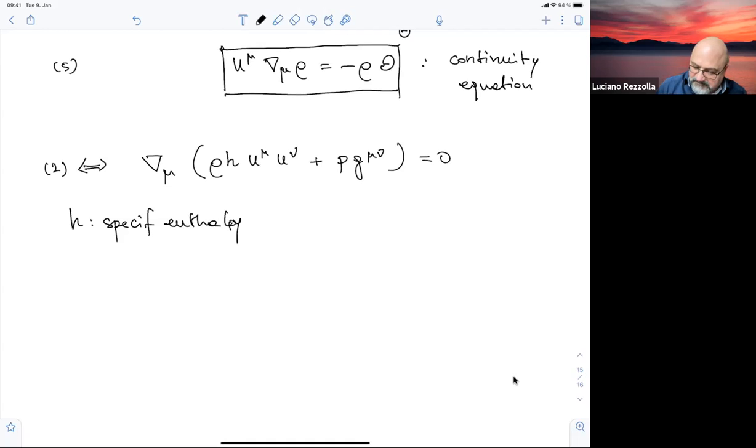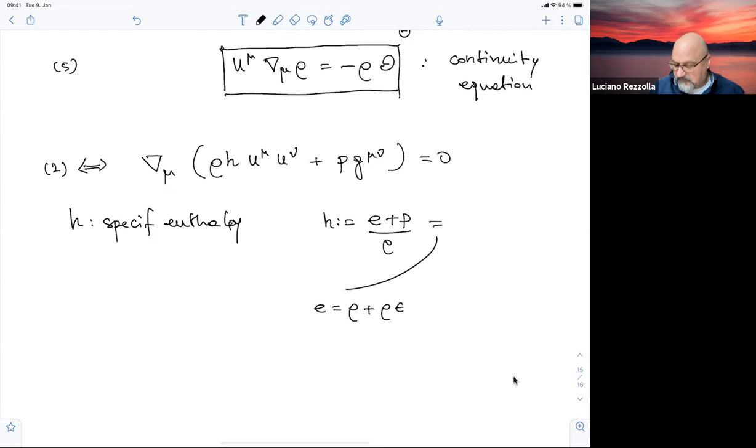And h is defined as the sum of the energy density plus the pressure over the mass density. And if I say that the energy density is the sum of two components, one which has to do with the rest mass and one which has to do with the internal energy, ρε, I write this as 1 + ε + p/ρ.